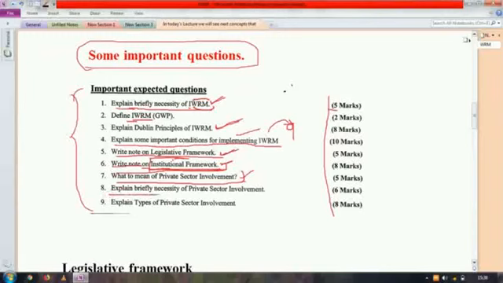Then explain briefly the necessity of private sector involvement: why it is required, and why the private sectors are required.